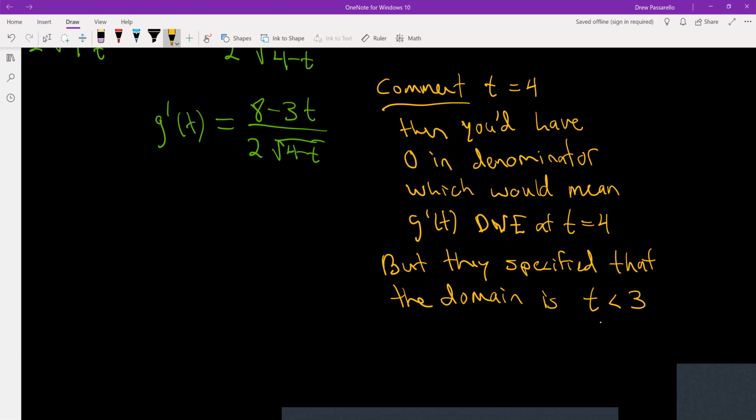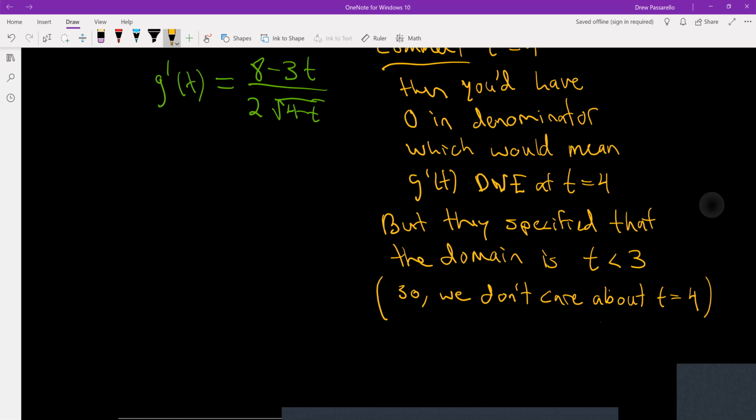So we don't care about this value 4. All right, if they did not tell you a domain, I would take that into consideration. All right, so now I'll drop it down here.